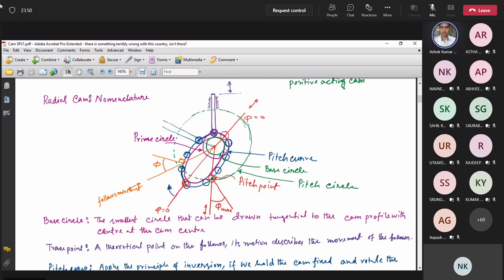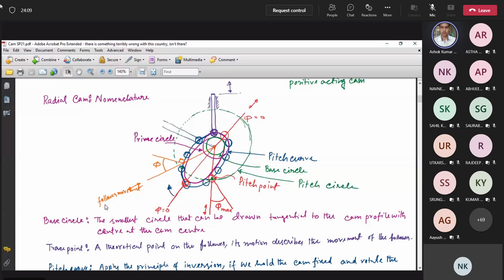But when it crosses this point, when the follower touches these points, the follower will go up. Similarly it will go up, and this may be the maximum point, then it will go down. So this is the cam profile.